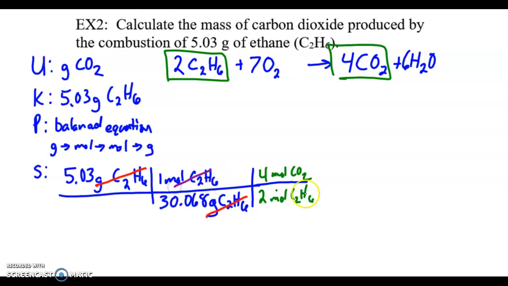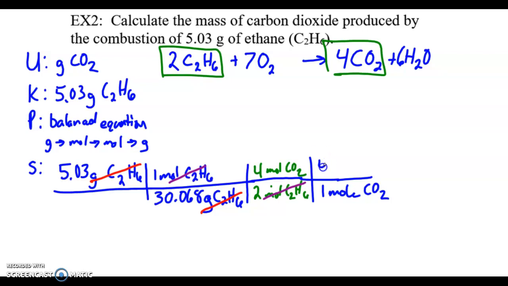So the moles of C2H6 will cancel out, and then we just need to go to grams of CO2. Alright, so in 1 mole of CO2, let's add up the mass. It's 44.01 grams when you add up the 1 carbon and 2 oxygens. Alright, and we'll cancel out our units there.